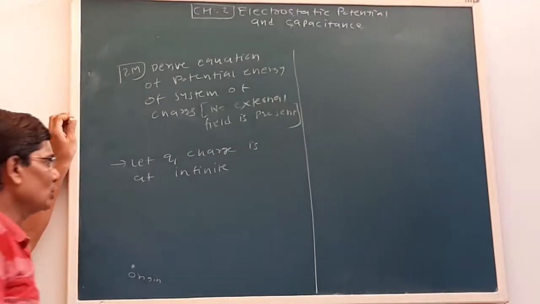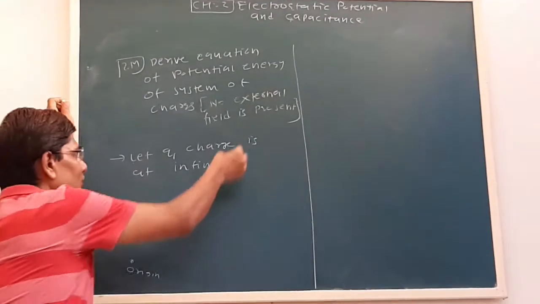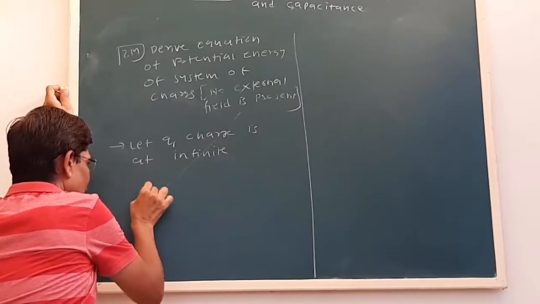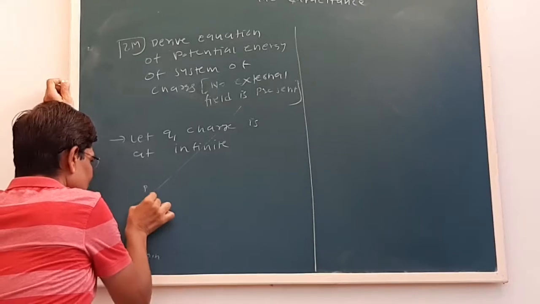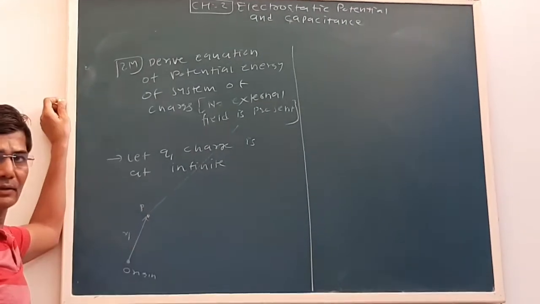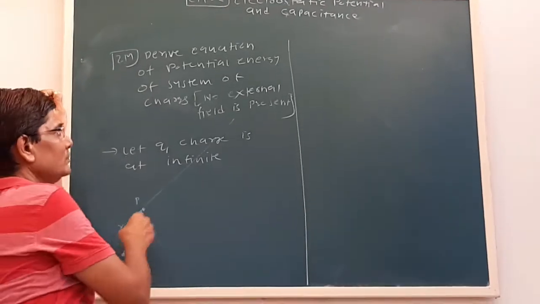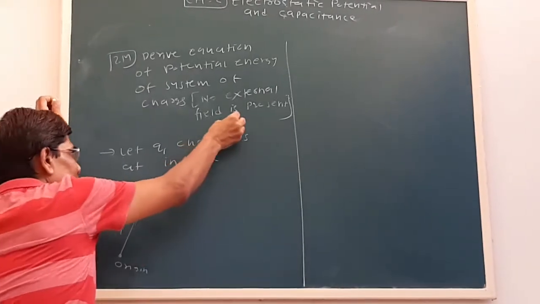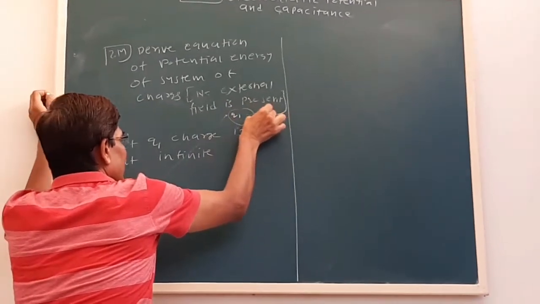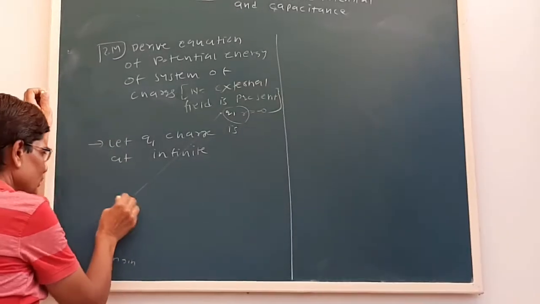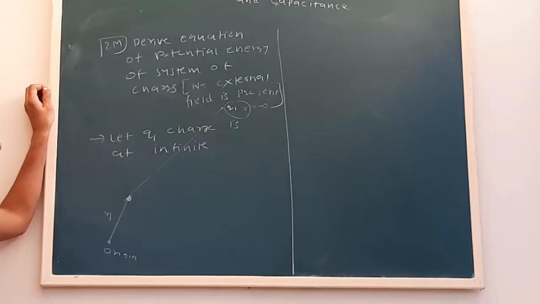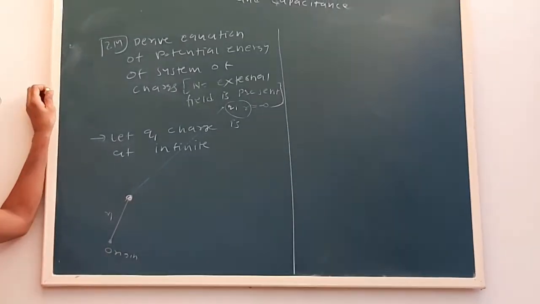Now when the Q1 charge is brought from infinity to a point P which has a position vector R1, that is, we bring the Q1 charge which was initially at infinity to this point which has the position vector R1, any point in the space.